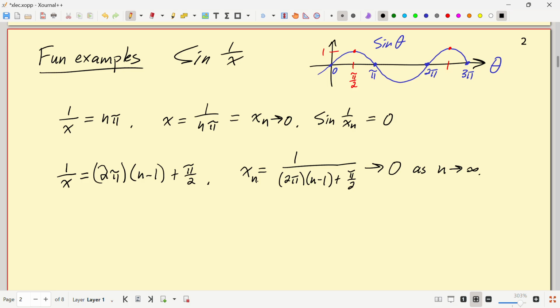And so in this particular sequence, sine of 1 over xn, they're all equal to 1. So I've got one sequence where the sine of 1 over x tends to 0, in fact it's identically equal to 0, so it certainly converges. And another sequence that goes to 0 where that thing converges to 1. In fact, I could find you anything between minus 1 and plus 1 to make that happen.